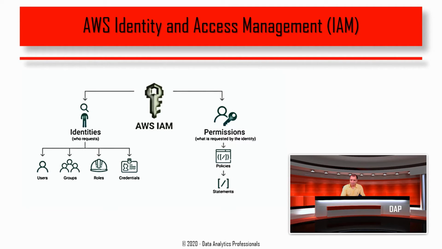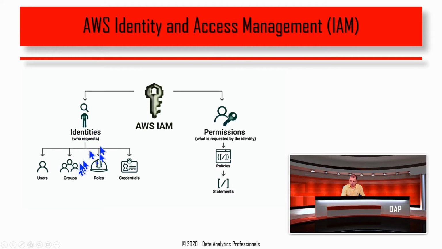Now here is a diagram. It's basically showing the role of AWS IAM. If you see, it checks who is requesting. It can be a user, it can be a group, it can come from roles, it can come from anyone. And then if it is, for example, a user, it sees the permissions that are requested by the identity.